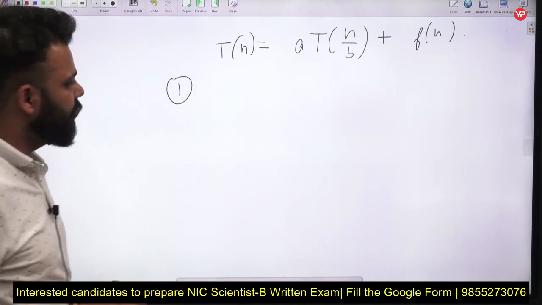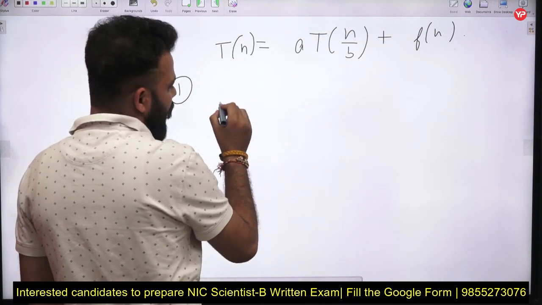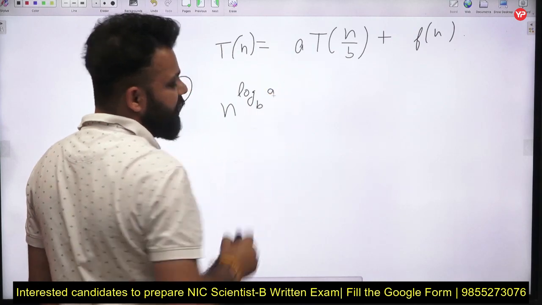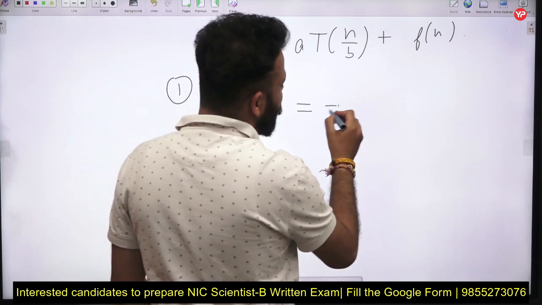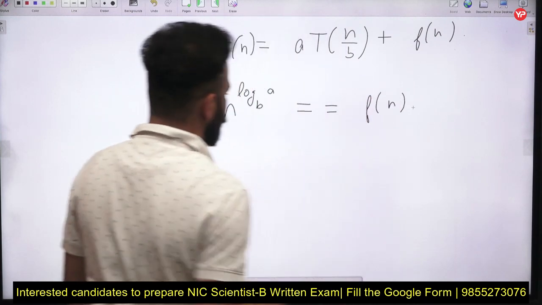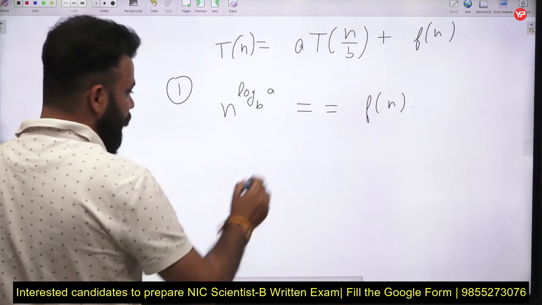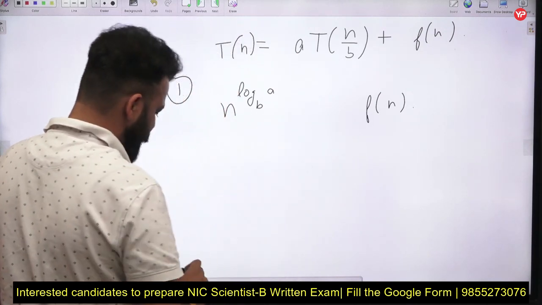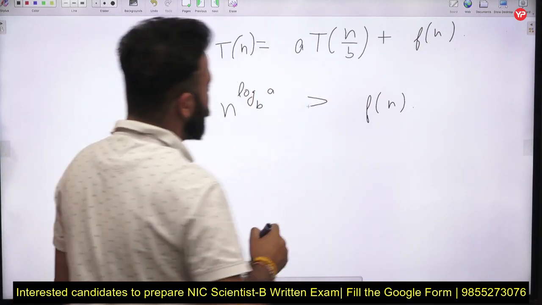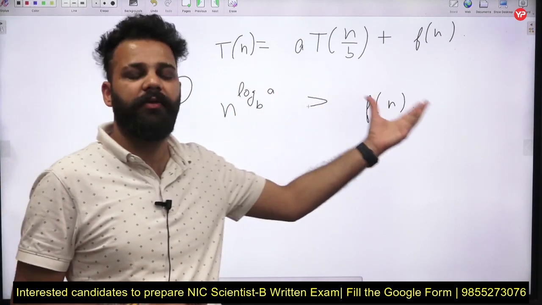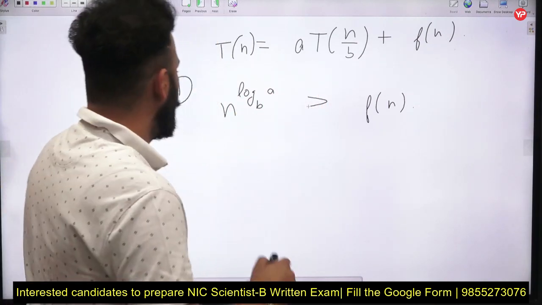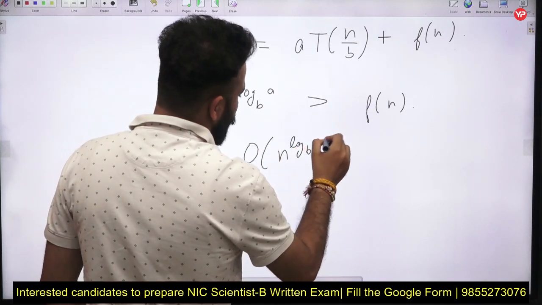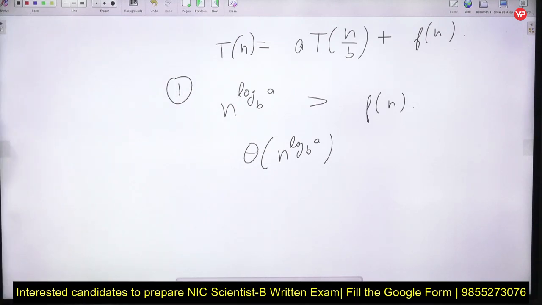In the first case you will compare n raised to power log b base a with f(n), and if by comparison you find that n^(log_b a) is greater than the function of n, what will be the time complexity?